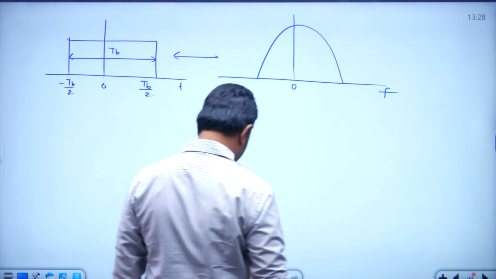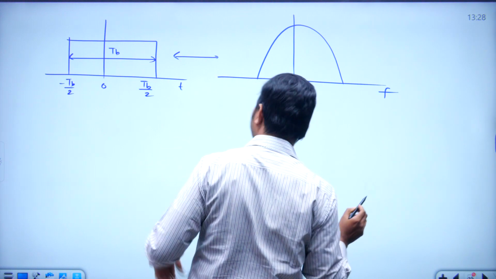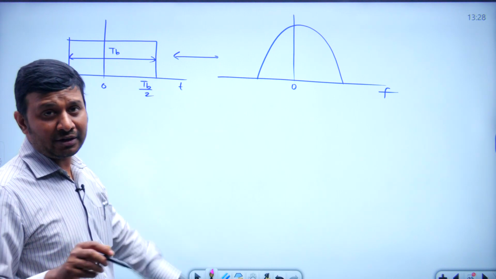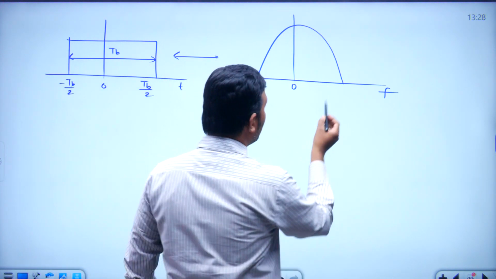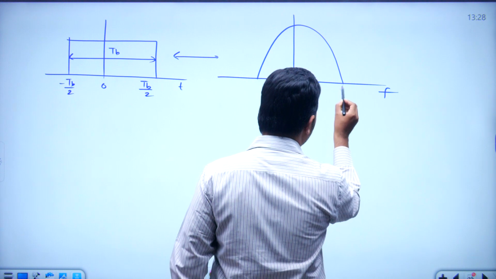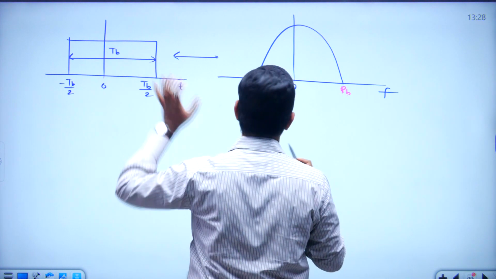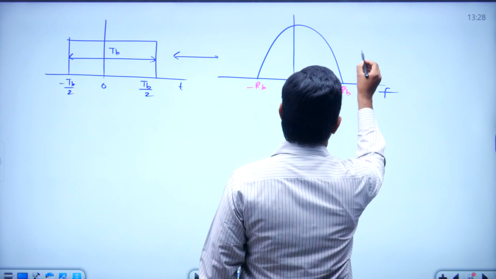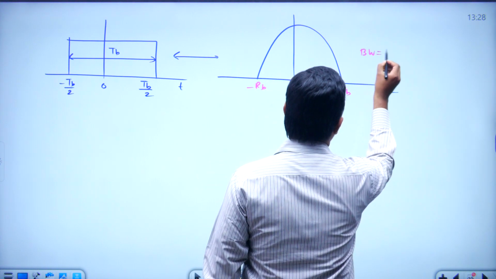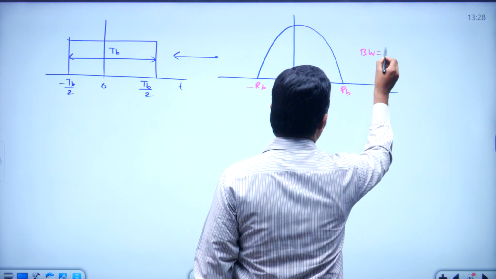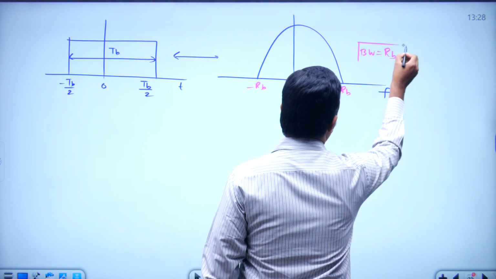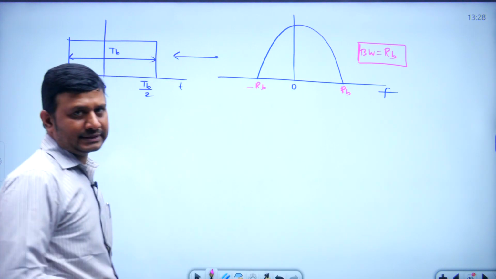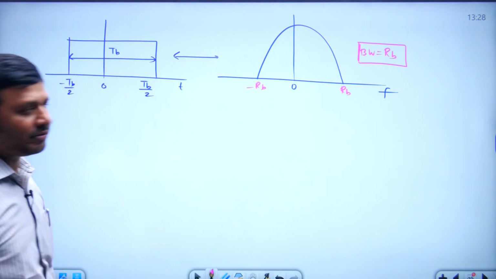The pulse width is TB, and the reciprocal of this pulse width is RB. So, the first null is nothing but the reciprocal of this pulse width, this is minus RB. So, bandwidth will be highest frequency minus lowest frequency for positive frequencies. If I am going to use a rectangular pulse of width TB, bandwidth will become RB hertz. Hope you are comfortable with this one.